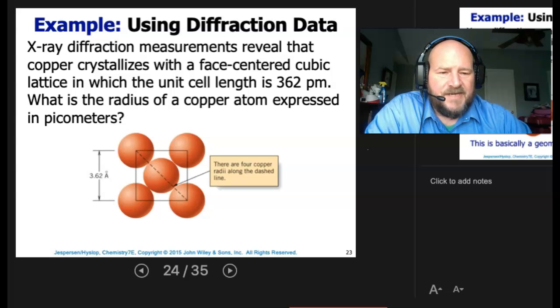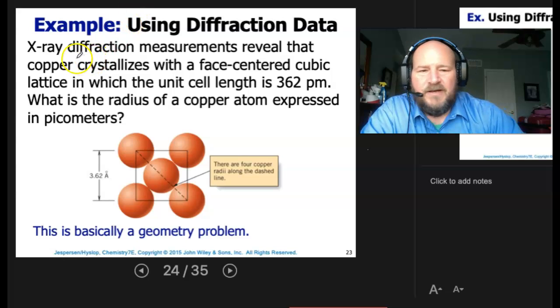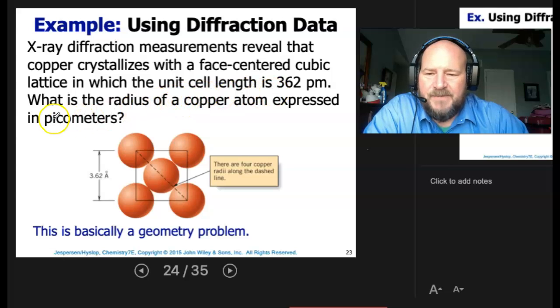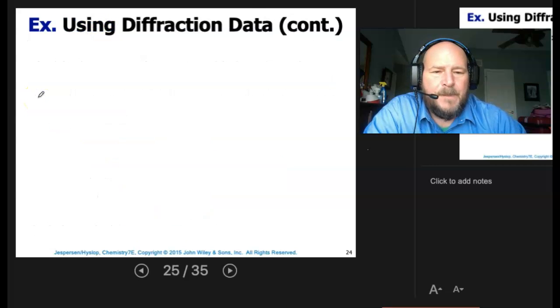All right, so now this is actually a little something that would be common, right? So this is going to just be basically a geometry problem. So if we're looking at the cell, we're given a cell length, so we know what the cell length is. And then it's asking what is the radius of a copper atom expressed in picometers. So we have our cell length. Now we just need to figure out what the radius would be.